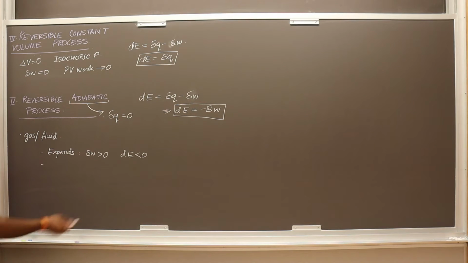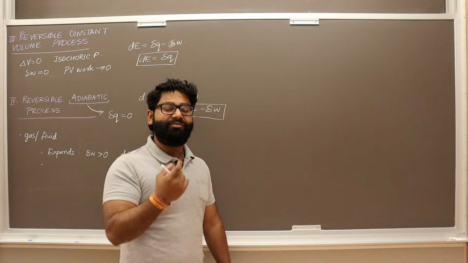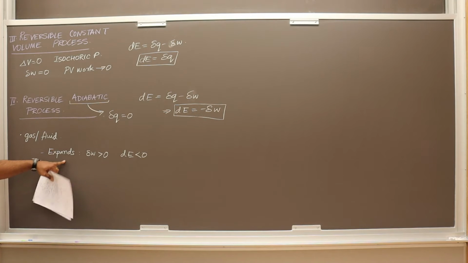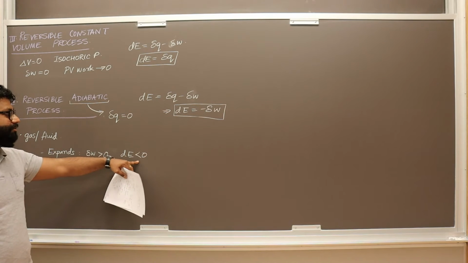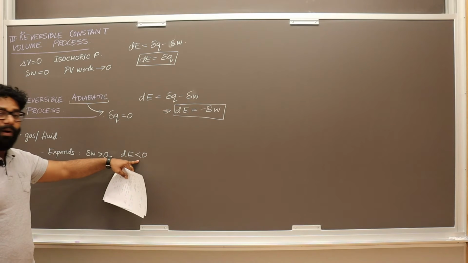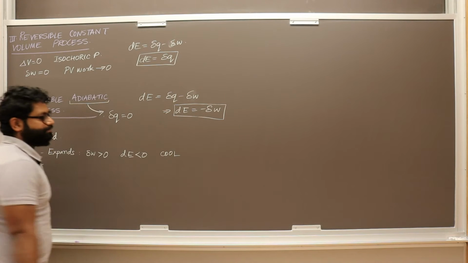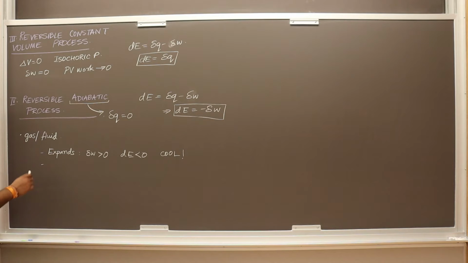Now when dE becomes negative, what does that mean? That the internal energy of the system is reducing. So when a gas expands in an adiabatic way, the internal energy will be lowered, and therefore it will cool down, right? Now, what happens when it compresses?